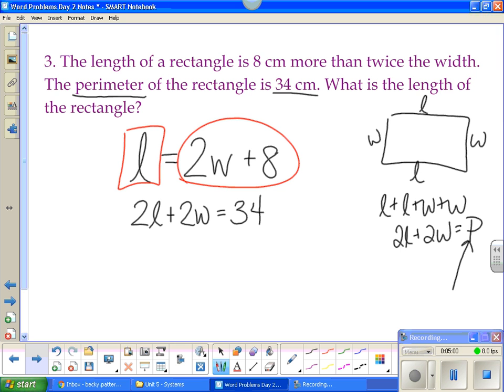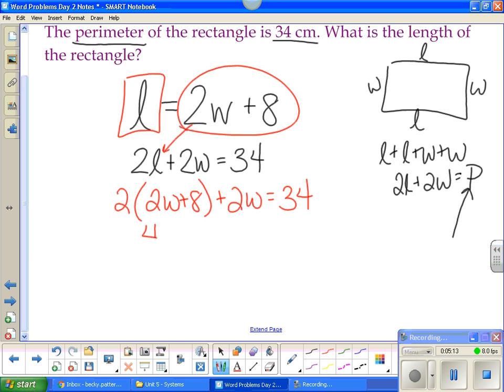That's going to go in for L. So 2 times 2w plus 8 plus 2w equals 34. So 4w plus 16 plus 2w equals 34. 4w plus 2w is 6w.